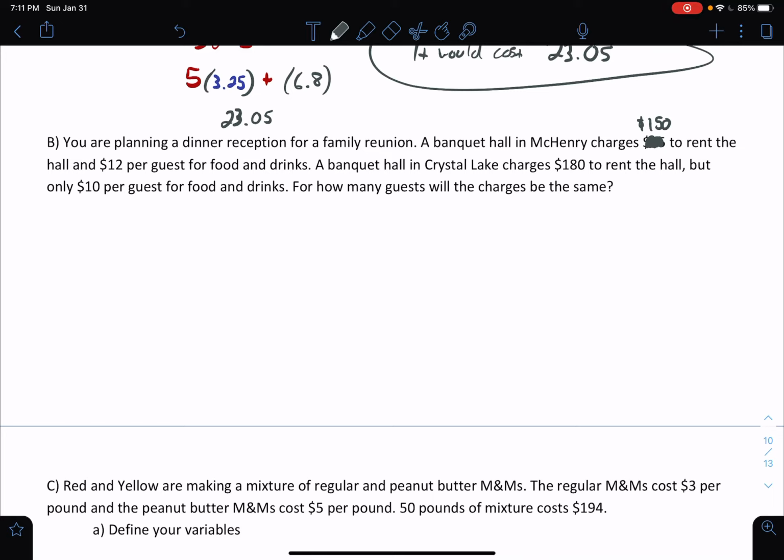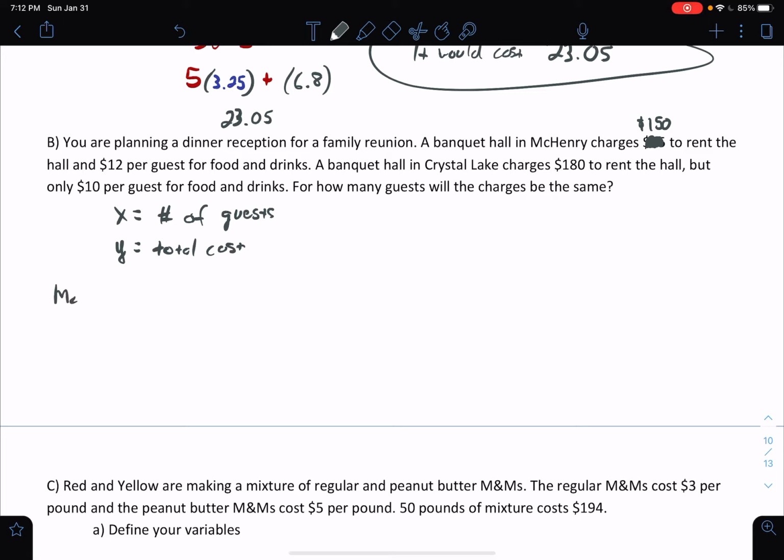So these 2 equations are going to be in slope-intercept form because we've got a one-time fee just to rent the hall and then a recurring fee depending on the number of guests that we have. So my variables, x is going to be the number of guests, and y is going to equal the total cost.